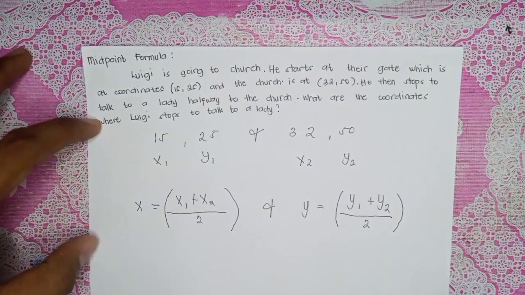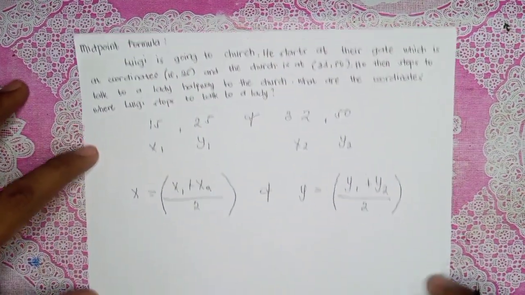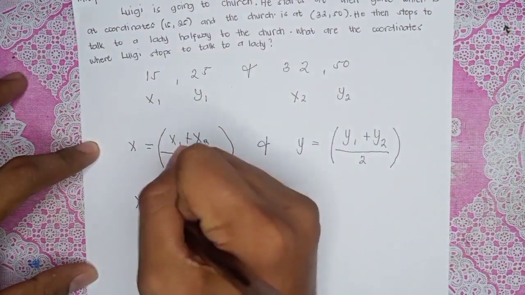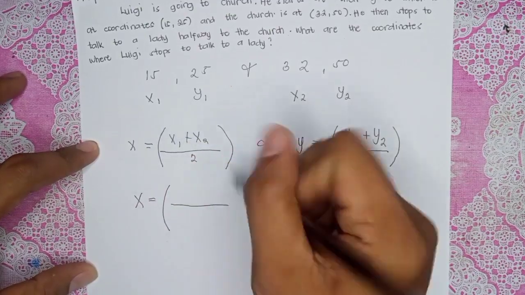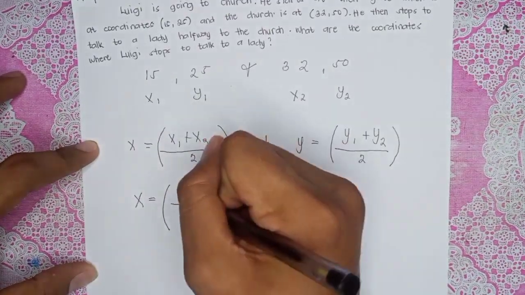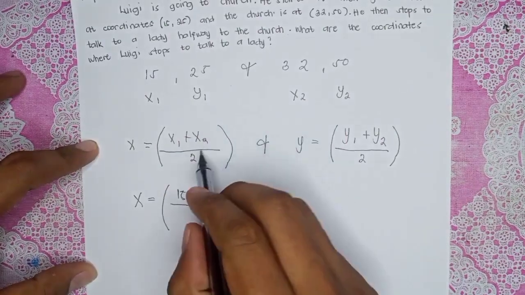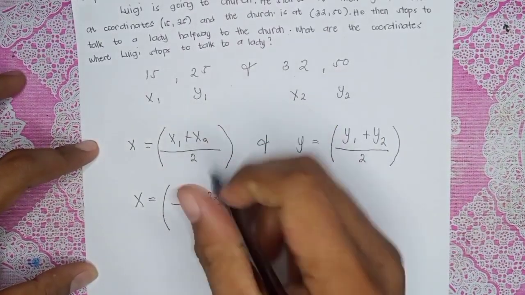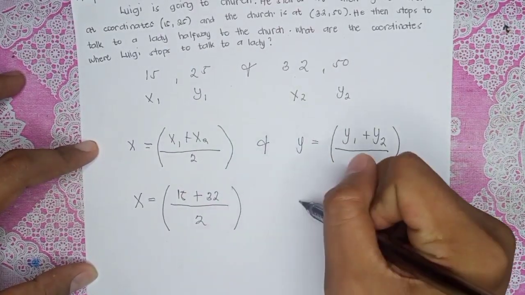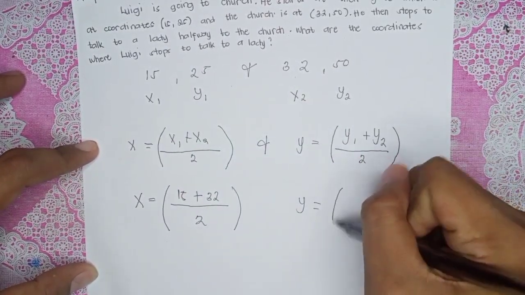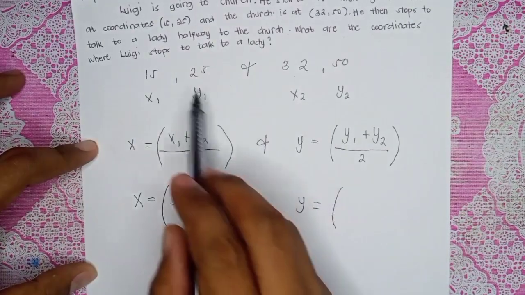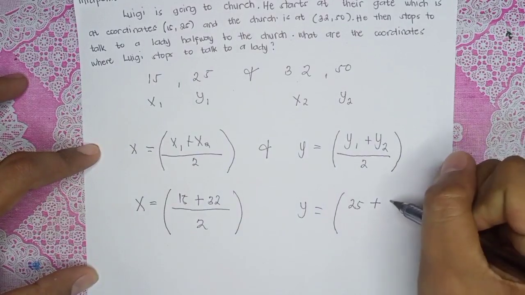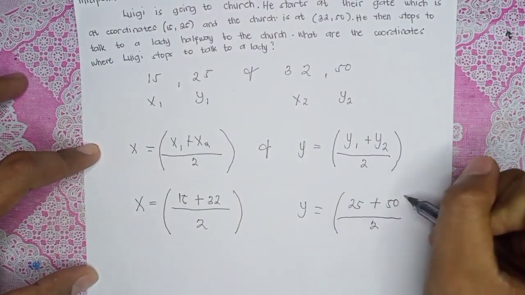First we will solve for x. x equals x1, which is 15, plus x2, which is 32, divided by 2. Then y equals y1, which is 25, plus y2, which is 50, divided by 2.